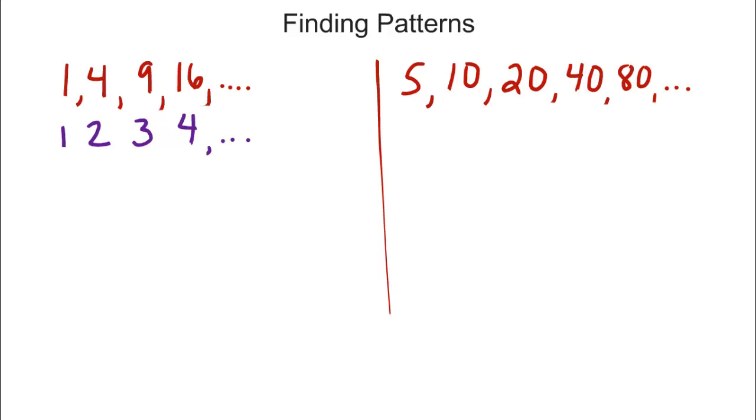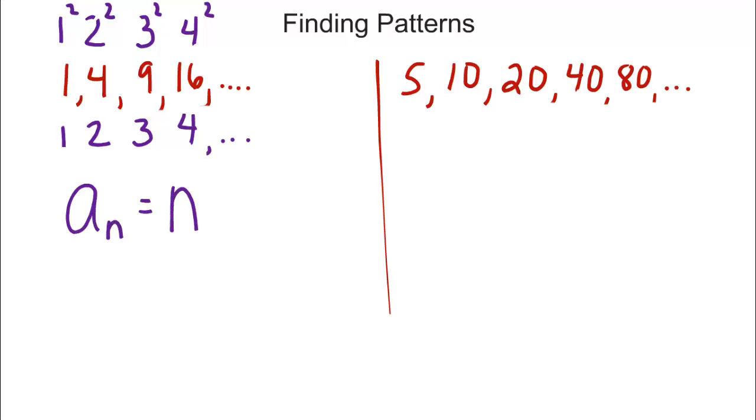Can you think of a way to relate 1 and 1, 2 and 4, 3 and 9, 4 and 16? Hopefully you're realizing that 4 is 2 squared. 9 is 3 squared. 16 is 4 squared. And of course 1 is 1 squared. So our rule here for a sub n is just n squared.